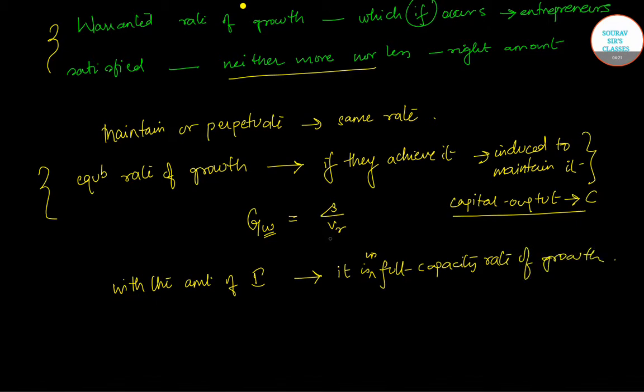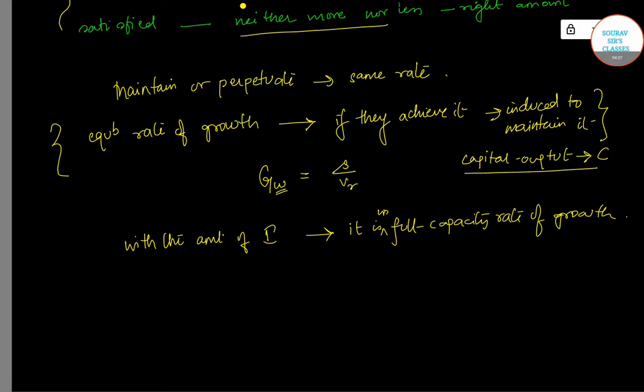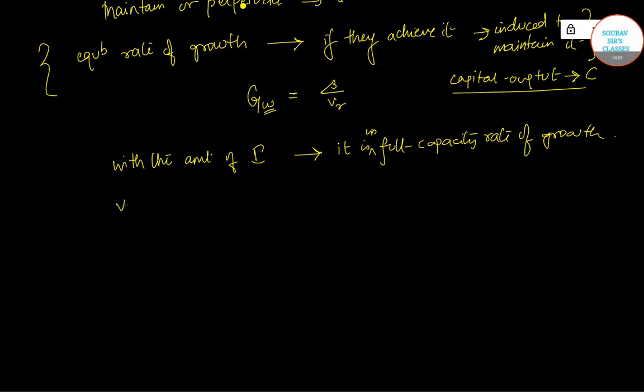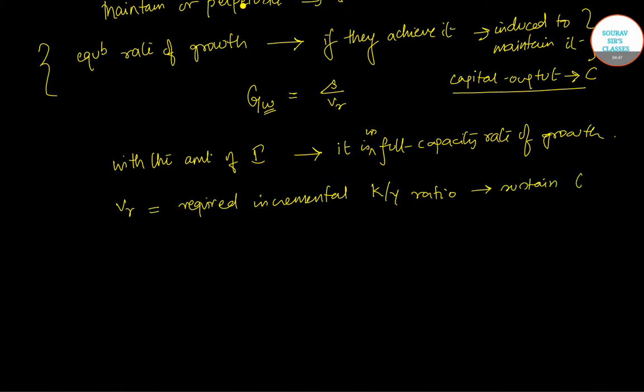Now let us discuss this VR. This VR is the required incremental capital output ratio, and this is to sustain the warranted rate of growth GW.